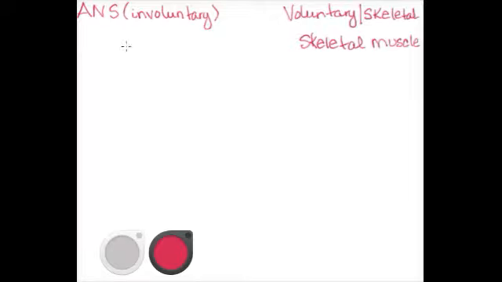Your autonomic nervous system controls something else, and that controls your smooth muscle. So by controlling the smooth muscle, you control a number of different functions in the body subconsciously. The brain does it without your knowledge or permission, if you will.